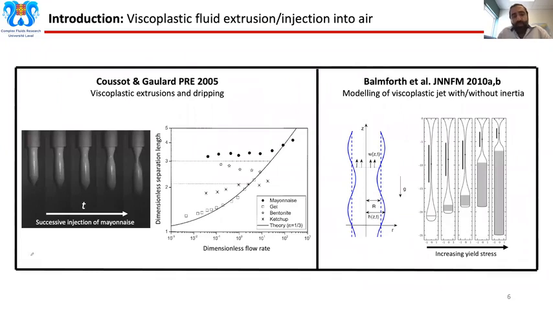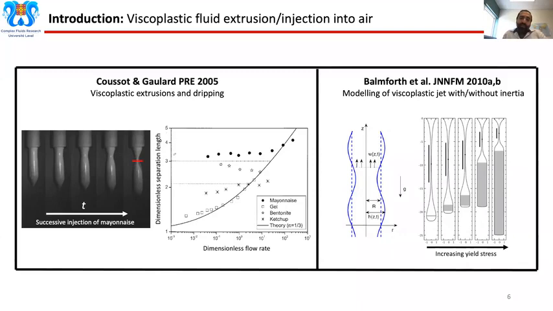More relevant to our work, let's talk about viscoplastic extrusion and injection into air. Let's look at the work of Cuso and Gollard, which is now considered to be classical, in which they considered viscoplastic extrusion and dripping. For example, in this image, you can see that the viscoplastic fluid comes down out of a nozzle, and then at some point it starts to yield, and it is broken at a given position.